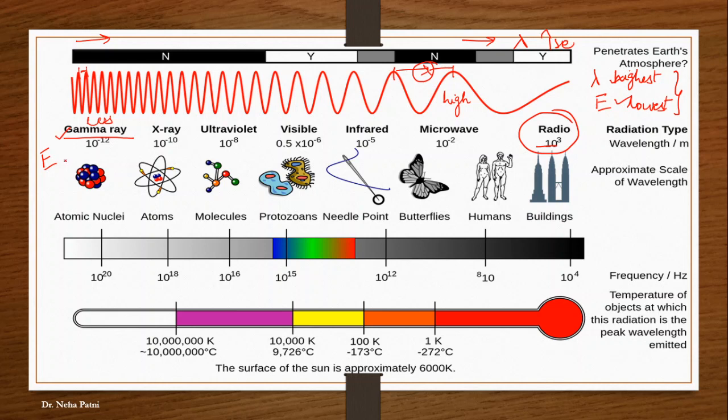Now, what I want to say with respect to energy is that because gamma rays have the highest energy, they can penetrate up to atomic nuclei. If the energy is less, radio waves are generally used, in frequency modulation or amplitude modulation, radio and TV. They all work on those signals.